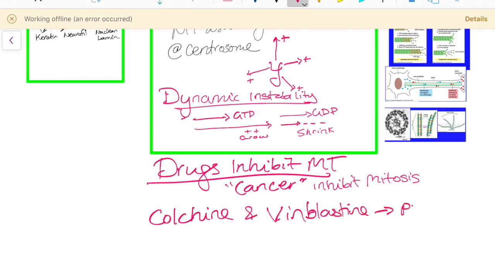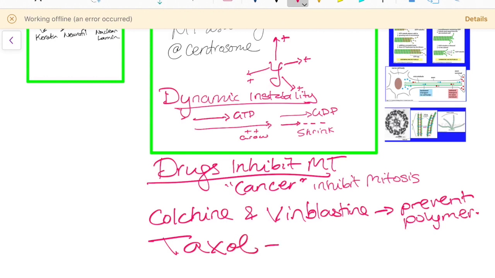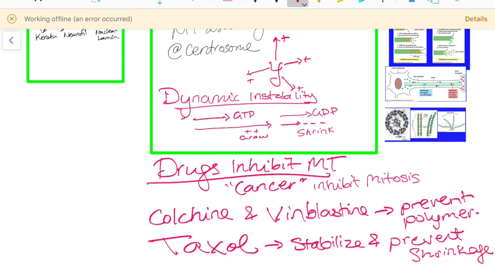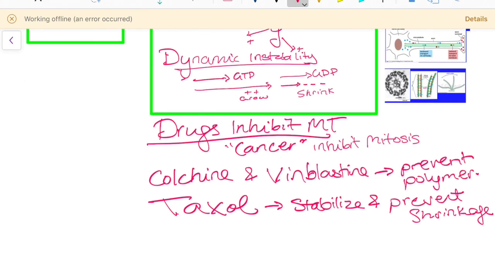They both prevent polymerization, so you do not have the growth, whereas Taxol is able to stabilize and prevent shrinkage. So Taxol prevents shrinkage, whereas colchicine and vinblastine or vincristine prevent polymerization, so you do not have mitoses.